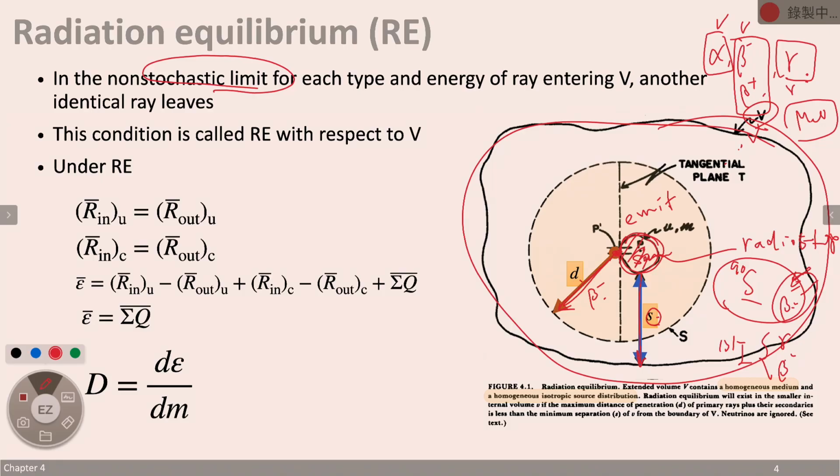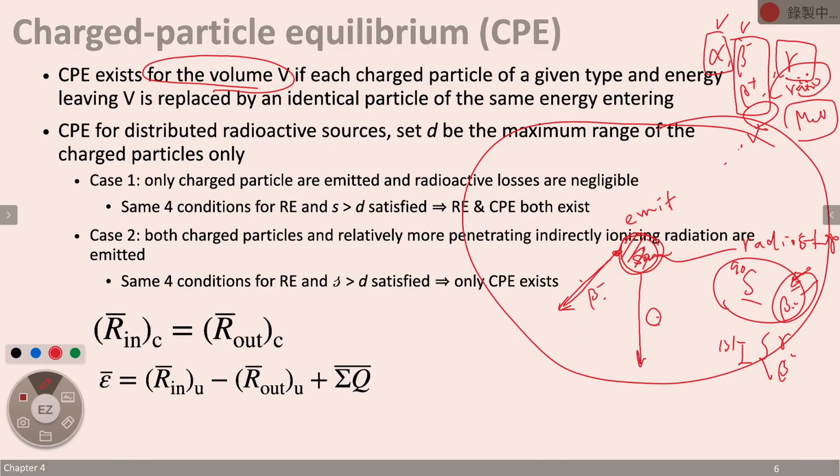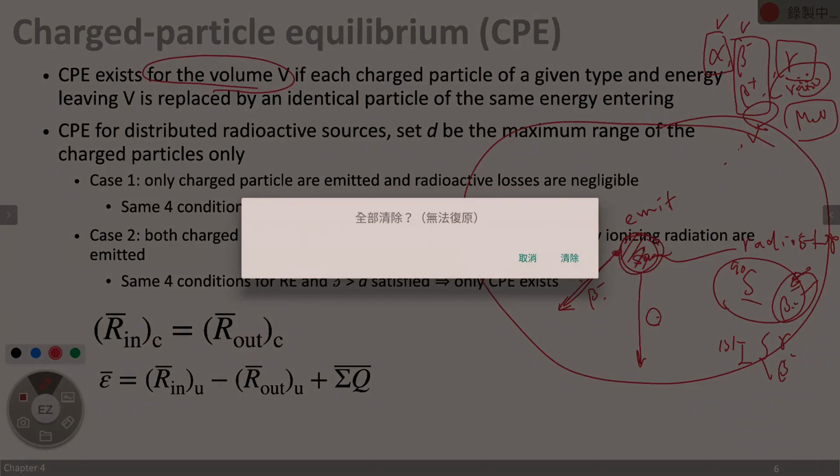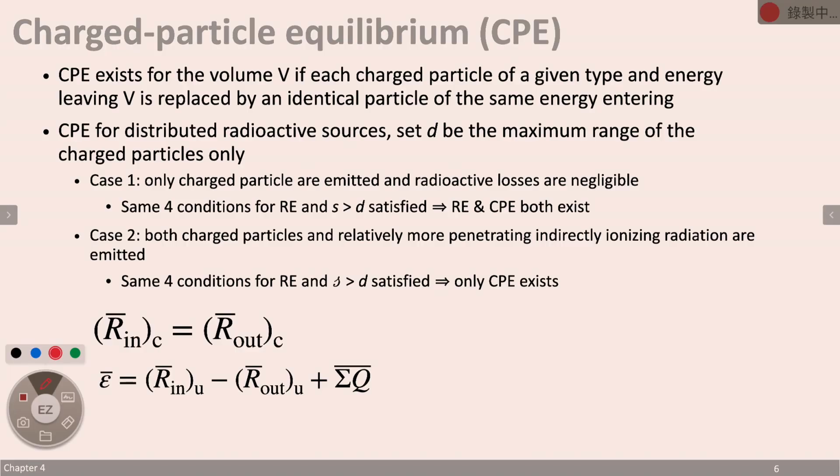Alright, so why do we need to check charged particle equilibrium? Actually, you can only measure if you have a chamber here. Your measurement is of any charged particle depositing its energy over here, which we call epsilon.